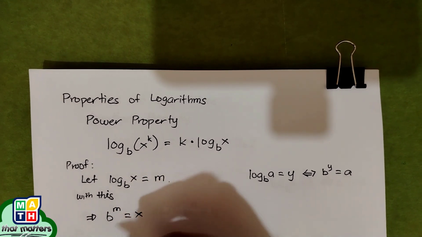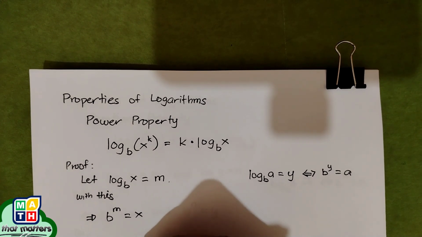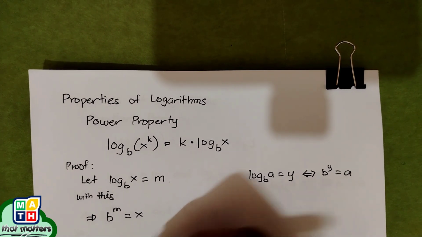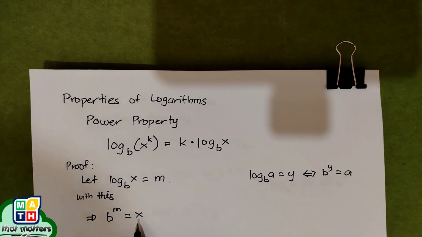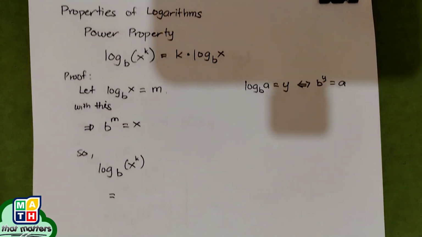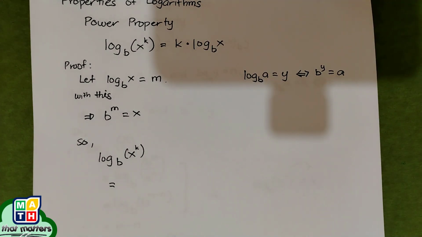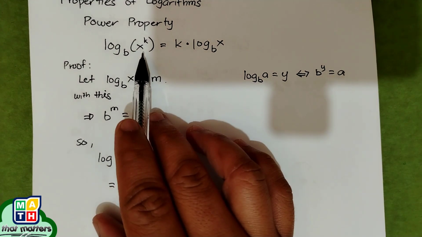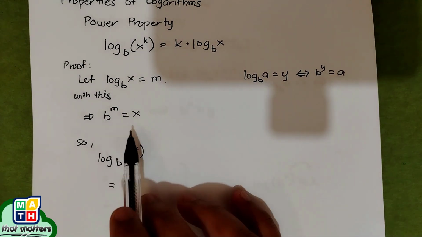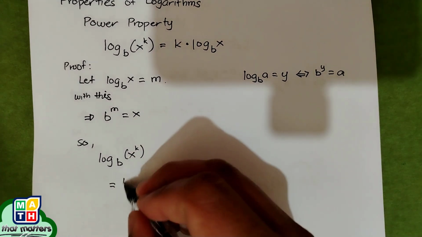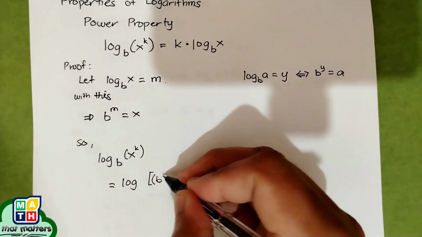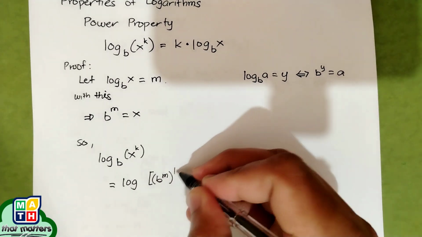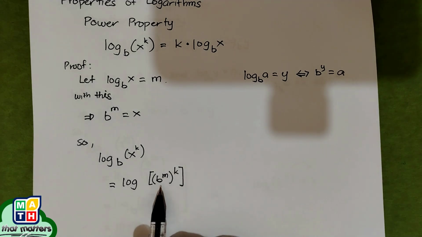So we have the logarithm of x to the power of k to the base b. Substituting the representation of x, we have the logarithm of b to the power of m, raised to k, to the base b, because that is actually x.